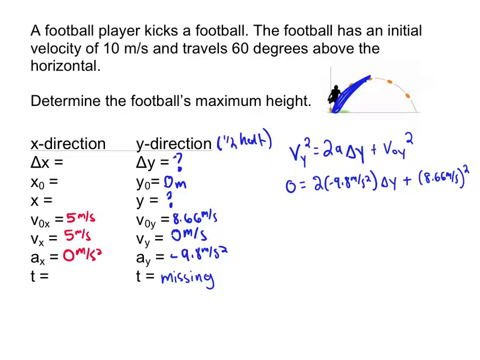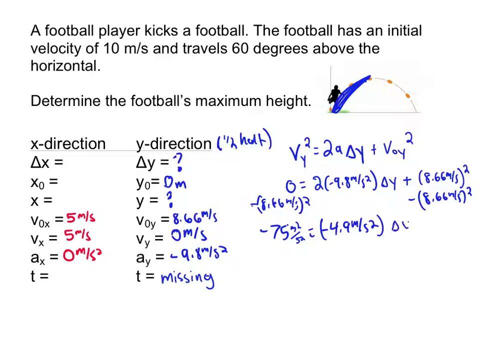Now, solving for this, I'm going to fast forward a little bit, but after subtracting this from both sides, we get about 75 meters squared over second squared is equal to negative 4.9 meters per second squared times delta y.